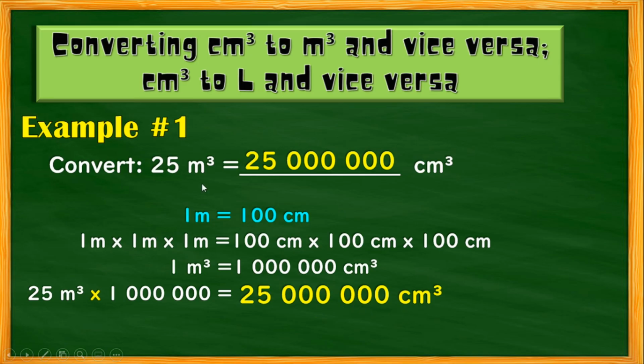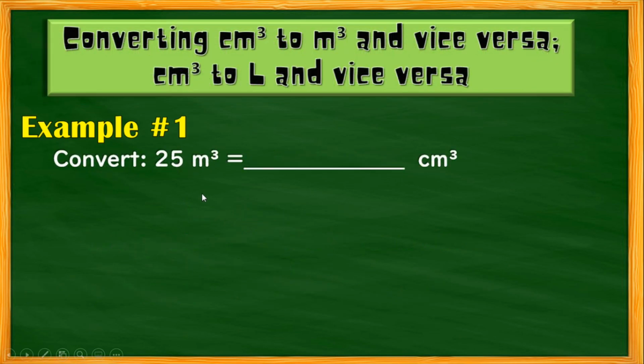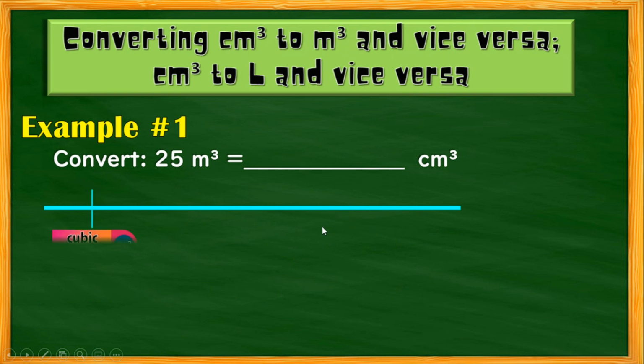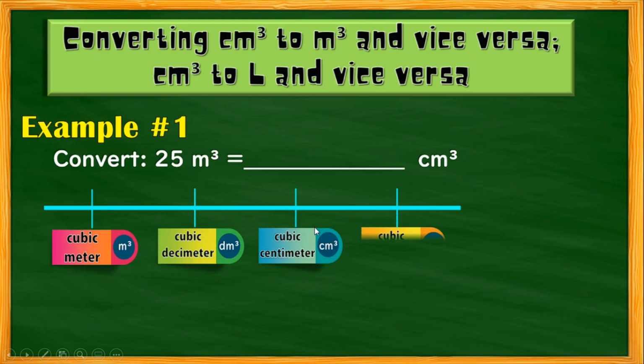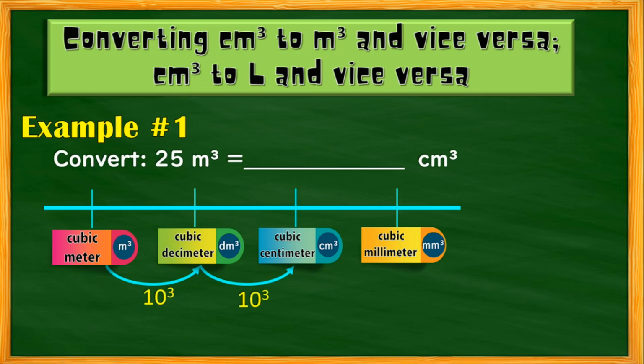So the shortcut way is by counting how many movements. The other process to solve this one is by movement. We have cubic meter, decimeter, centimeter, and millimeter. You move two places going to centimeter.